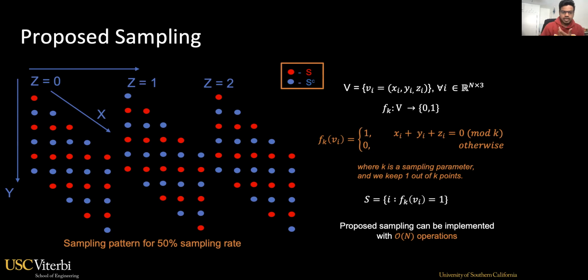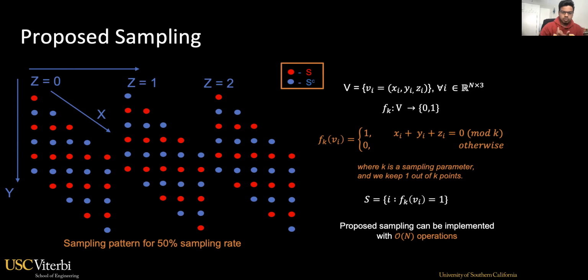We take the sum of the X, Y, and Z coordinates, and the modulo k of this sum should be equal to 0. Here k is the sampling parameter, and if we want to keep one out of 2 points, we set k as 2, which achieves a 50% sampling rate.